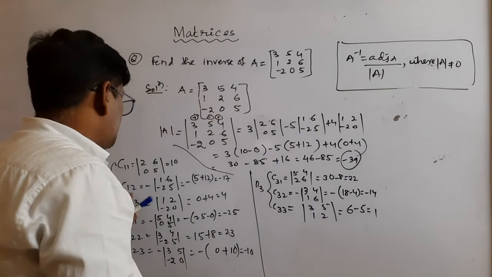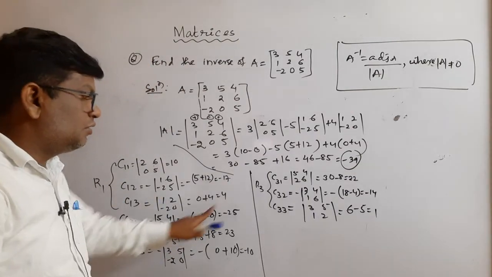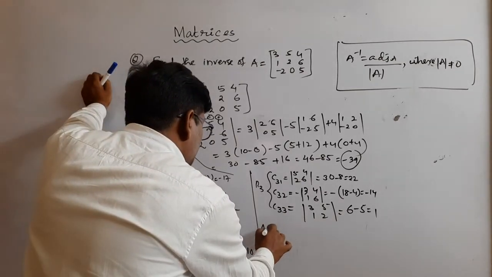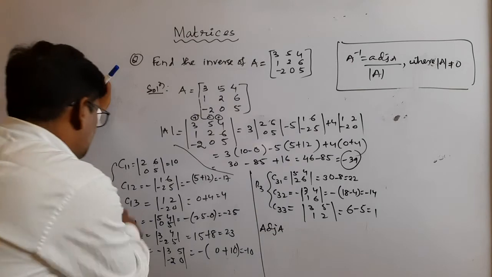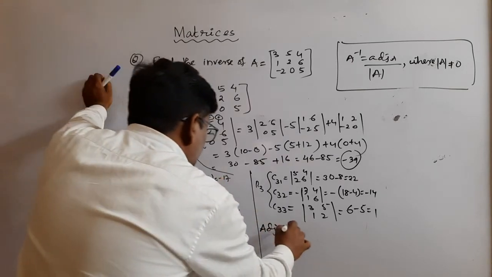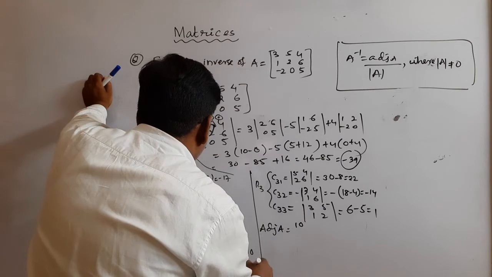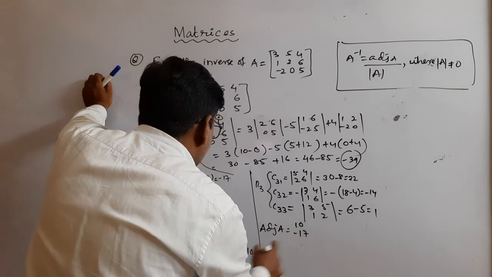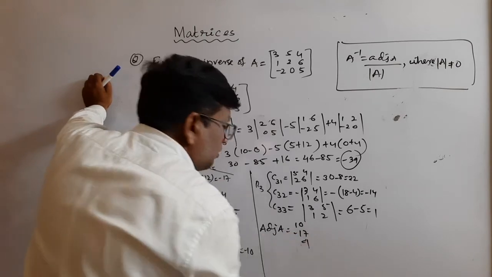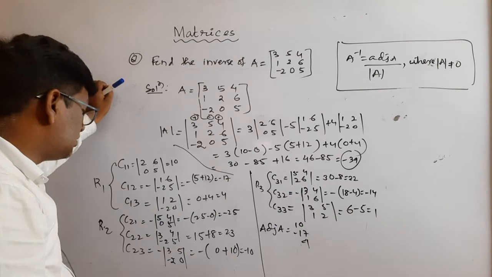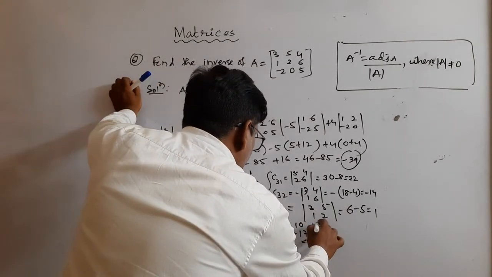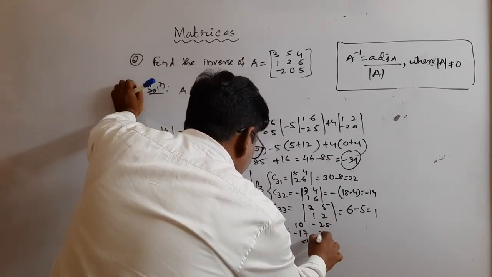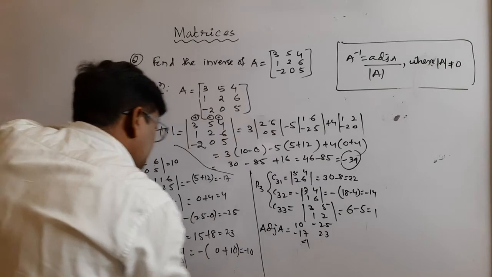Row 1 cofactors, row 2 cofactors, row 3 cofactors. Adjoint means converting the rows into columns. So column 1 is 10, minus 17, and 4. Then column 2: minus 25, 23, minus 10.